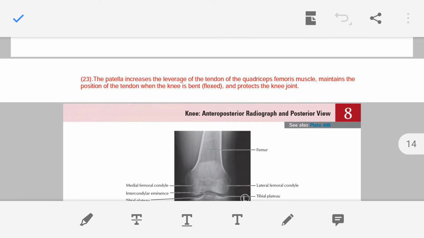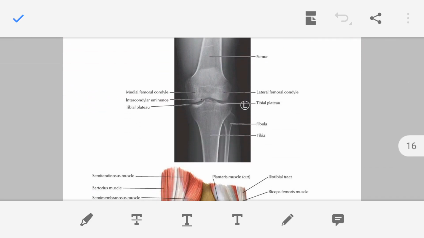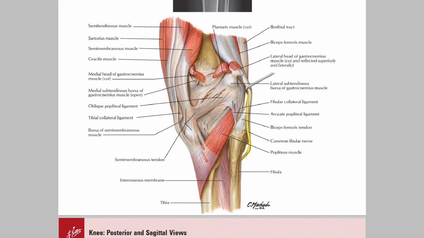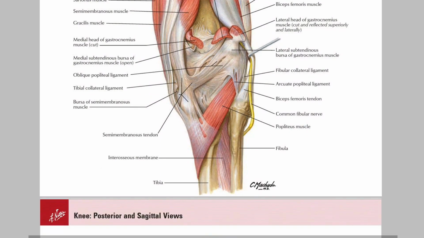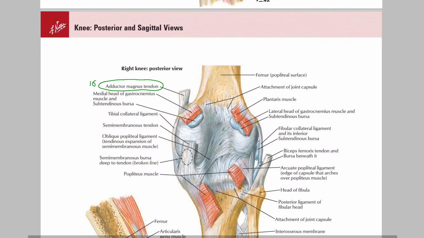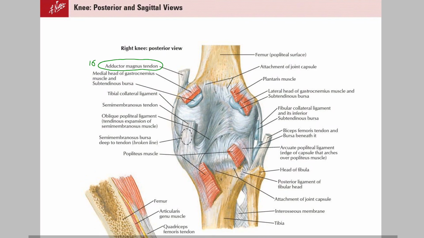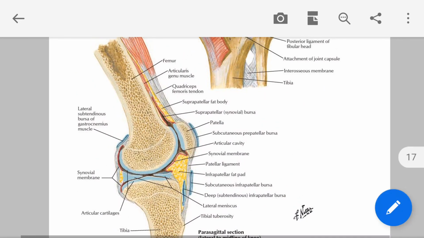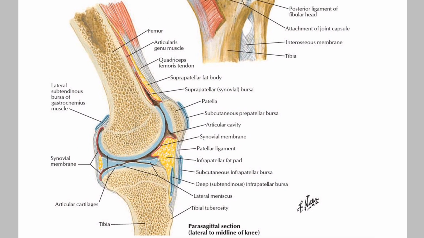Now before I wind up this presentation lecture, I would like to show you some of the figures. If you are interested, you can go through this figure. So in this figure you will get the idea of some of the muscles and ligaments of our knee joint, and here also the knee is shown and some muscles and tendons and ligaments are shown. This is also a good figure, knee joint.